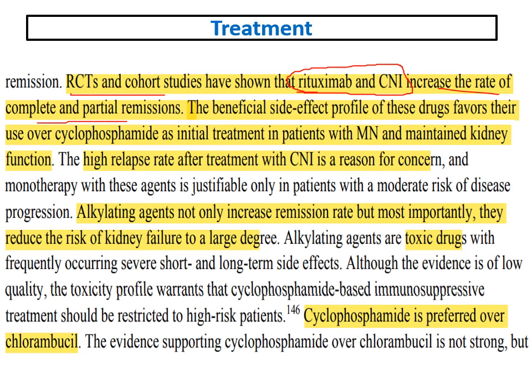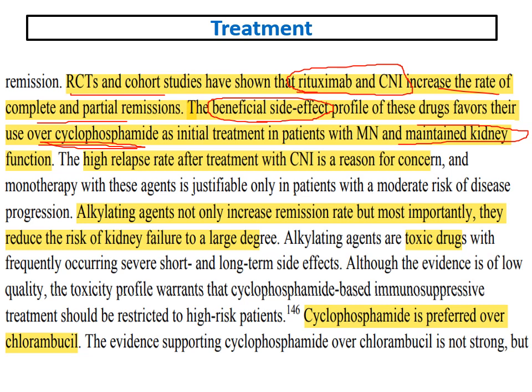The beneficial side effect profile of these drugs favors their use over cyclophosphamide. Cyclophosphamide has more common and dangerous side effects than CNI and rituximab, so they are better options in patients with membranous with maintained kidney function.